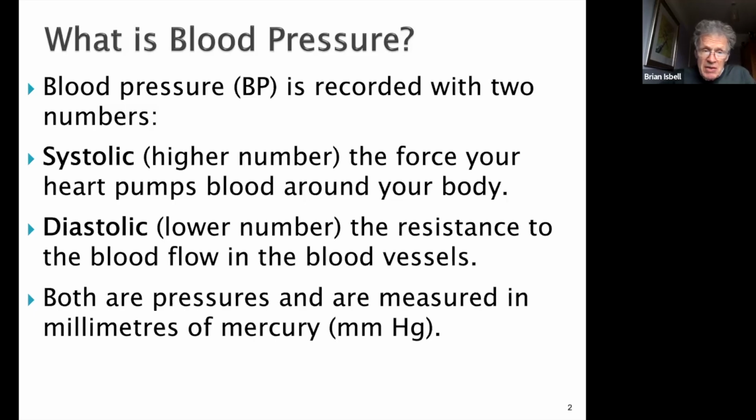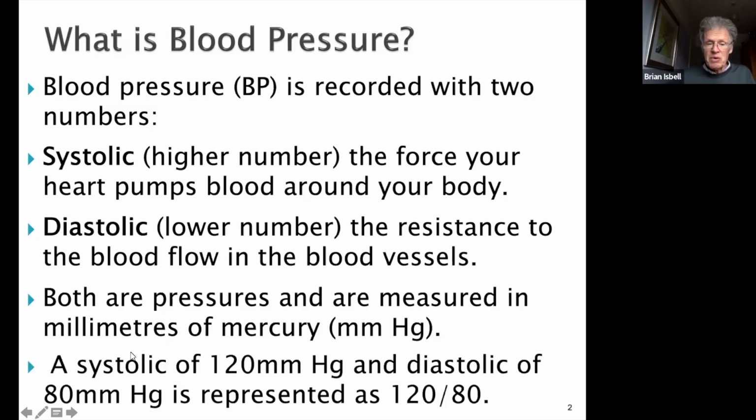Now, the term that has been used for a couple of centuries now is millimeters of mercury. Their values are measured in millimeters of mercury. We use the abbreviation mm for millimeters, and Hg is the chemical symbol for mercury. So rather than writing these words out in full, I would tend to use the abbreviation, and there would be one for systolic pressure and one for diastolic pressure.